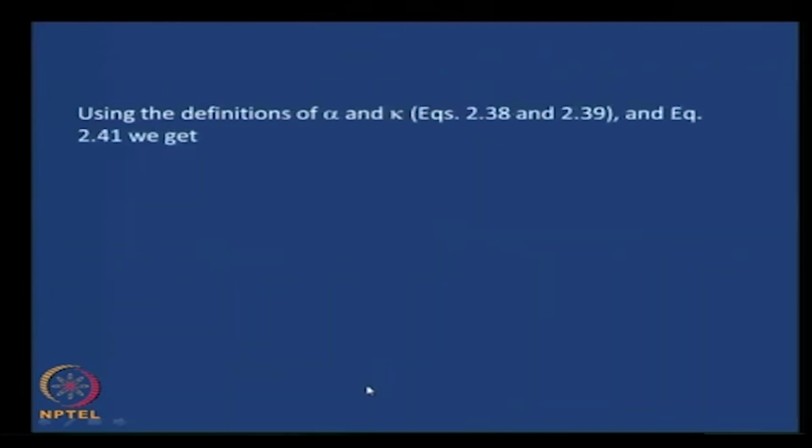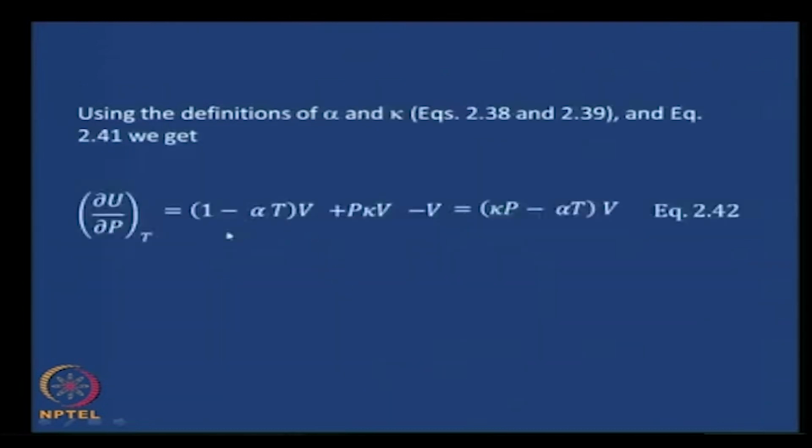So, we do not have to worry too much about that. Therefore, you get dou U dou P at constant T is 1 minus alpha T into V plus P kappa V minus V, and V common out, you get kappa P minus alpha T into V. So, all this is in terms of kappa, P, alpha, T and the specific volume, all of which are measurable. Let us call this equation 242.